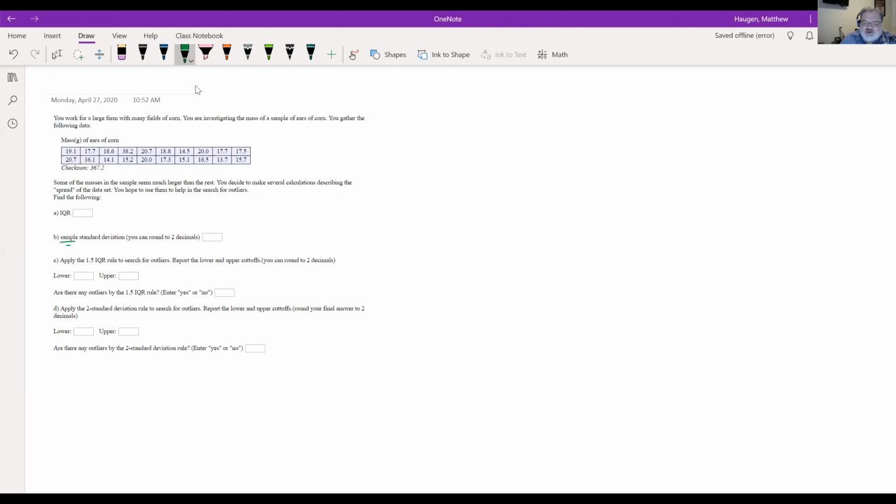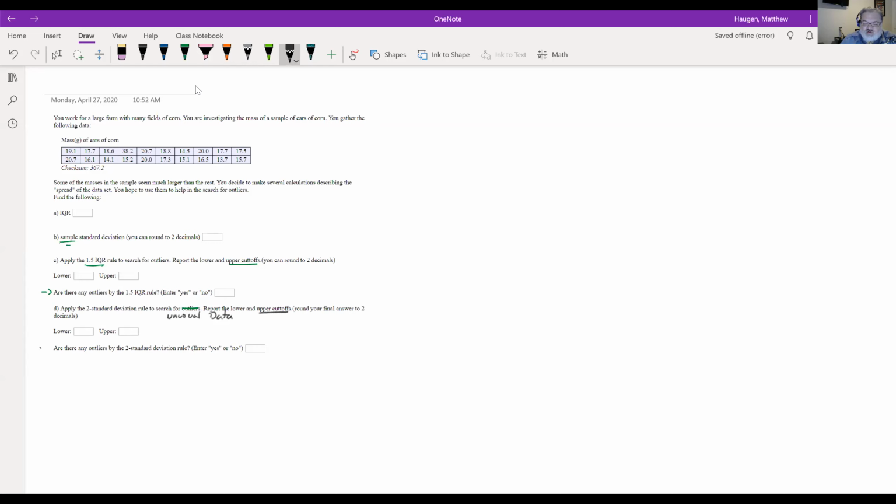The 1.5 IQR rule, we talked about that last week. So it's asking to find those specific cutoffs and then identify outliers, and then use the standard deviation rule. As we talked about, this should really, instead of saying outliers, should say unusual data. But finding those cutoffs for that unusual data.